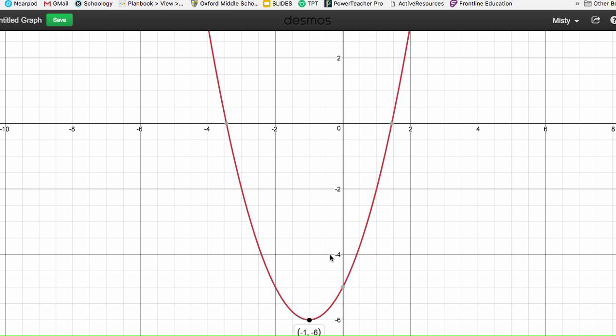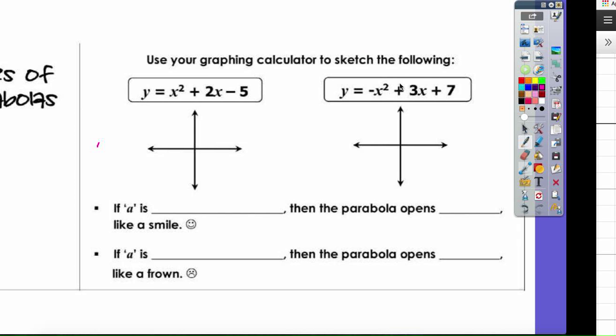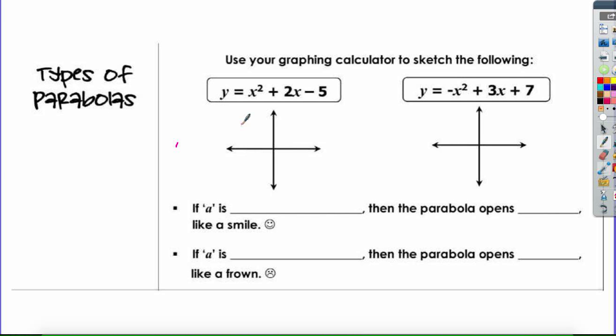So if we're going to sketch this one on our notes, we need to kind of shift it over a little bit from the origin. It looks like the imaginary line that it will cut through is at x equals -1. It's always going to go through that x coordinate of the vertex. So on our notes, we would kind of shift it over a little bit. We know that it's pointing up. This should be when x is -1.